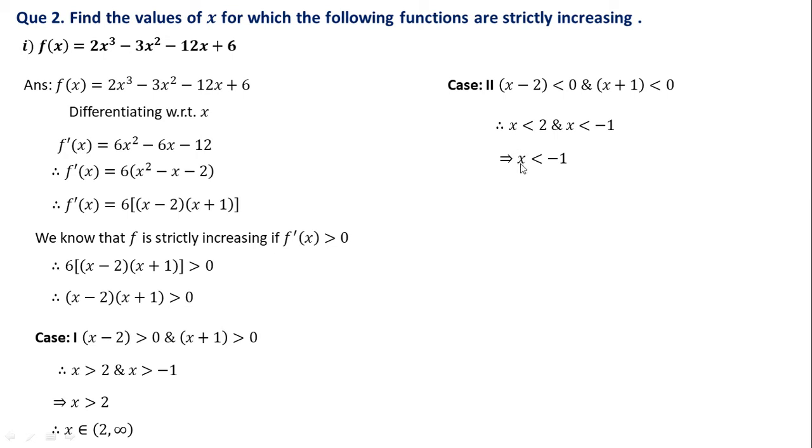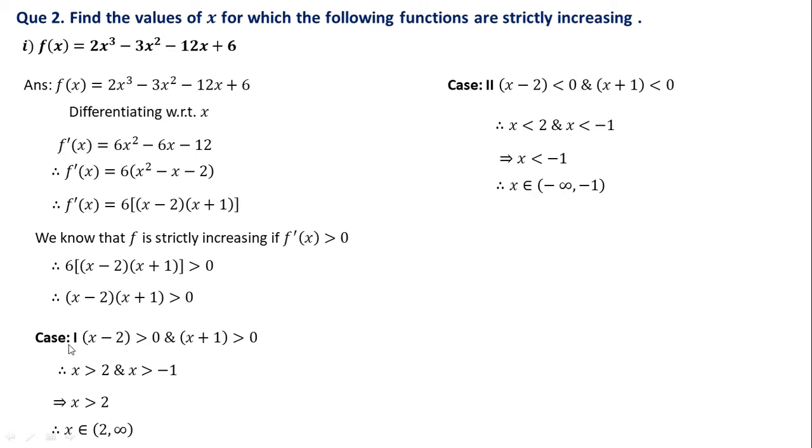Now on the real line it implies x belongs to minus infinity to minus 1. Means to the left hand side of minus 1 on the real line we get this interval.